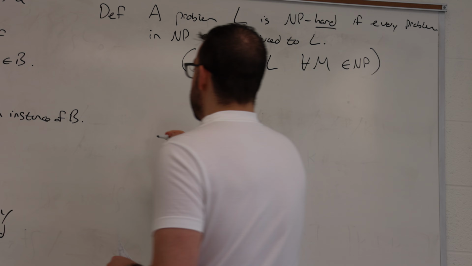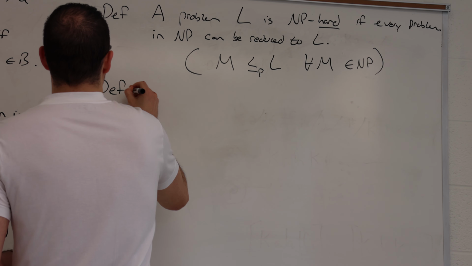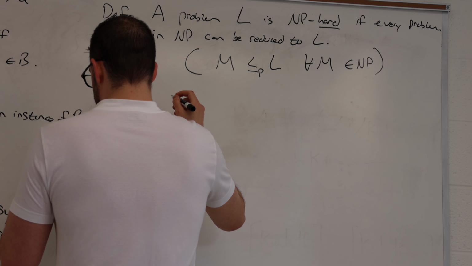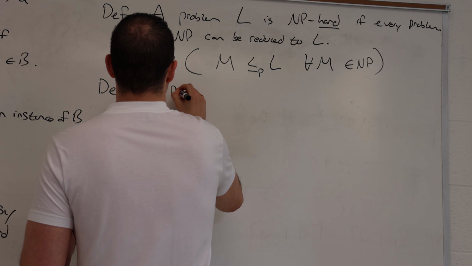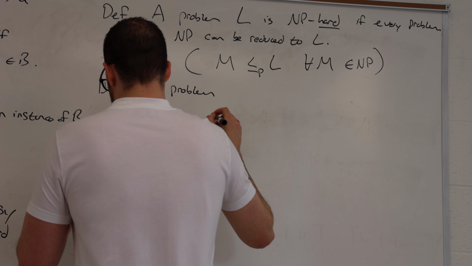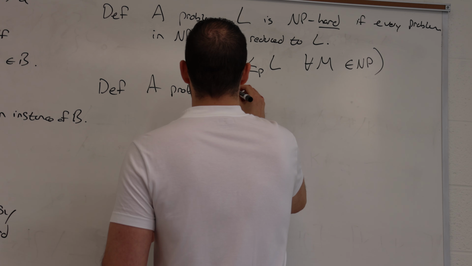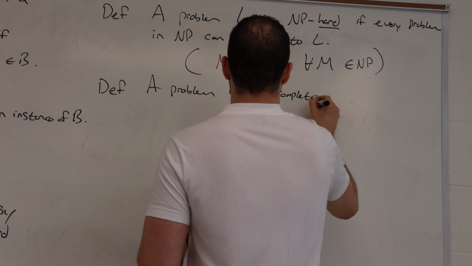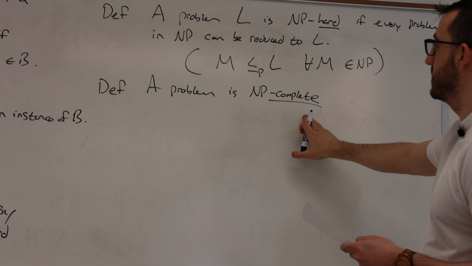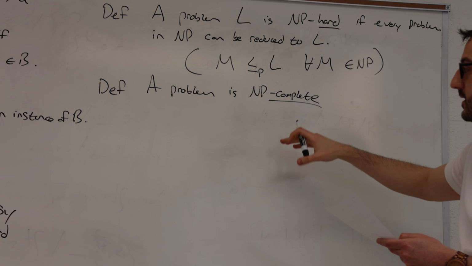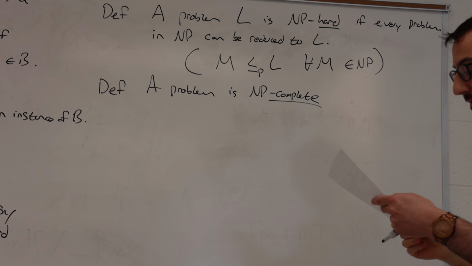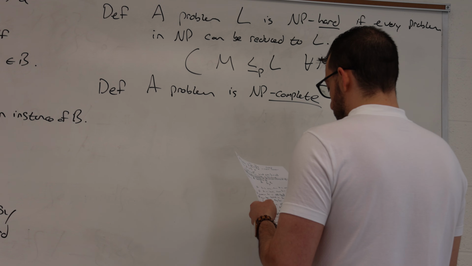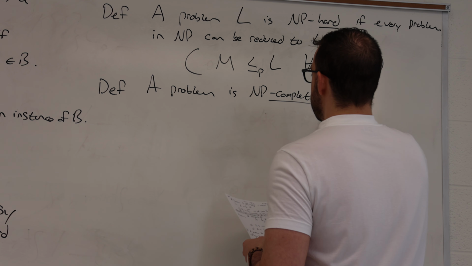We'll also have the qualifier of complete. So a problem is NP complete. So here I'm defining complete. Again, a similar note, it would hold for any other complexity class, but here we're just doing it for NP. If it is NP hard, so two things.